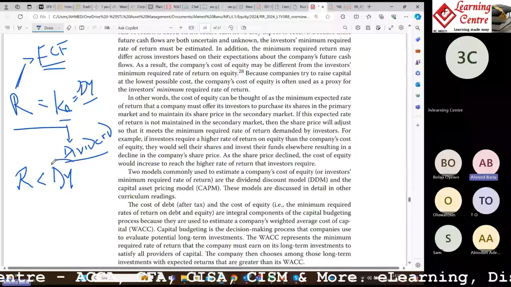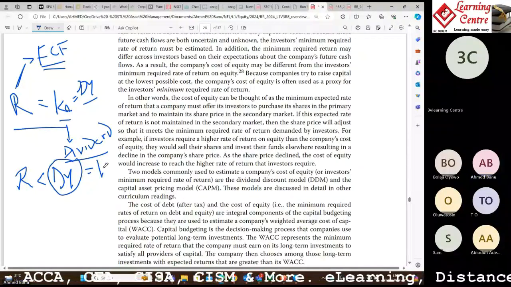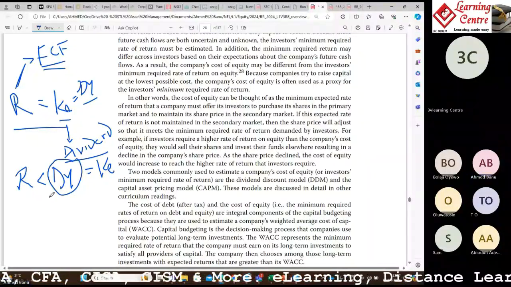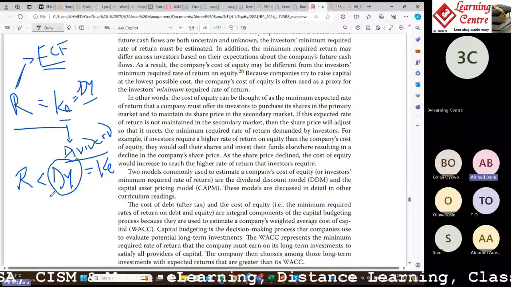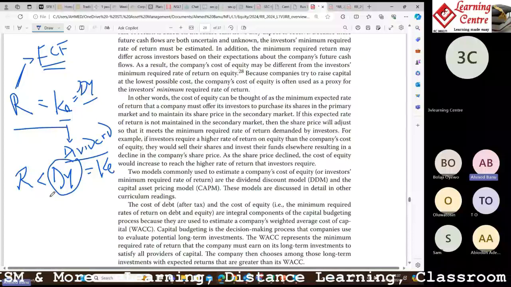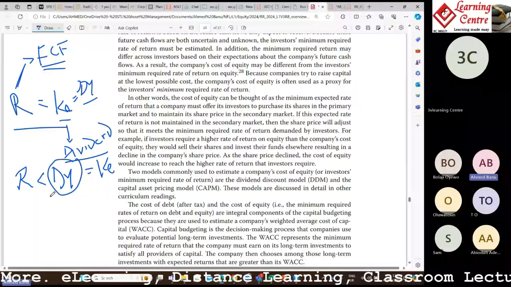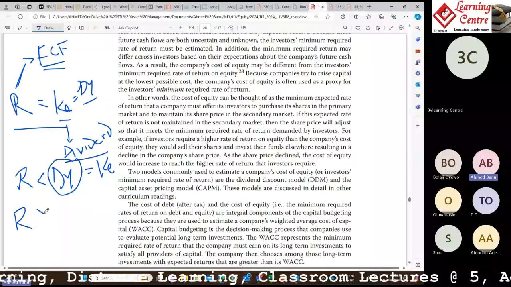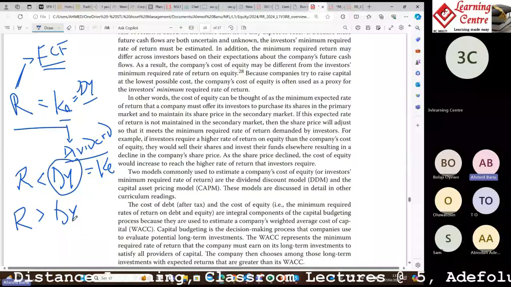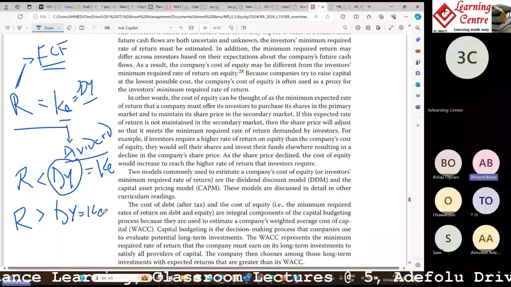And let's just assume that this dividend yield is equal to what? The cost of equity. And in a situation where they pay dividends and the market declines, then it means that at that point, the minimum required rate of return was greater than what the dividend yield is, which is your cost of equity.